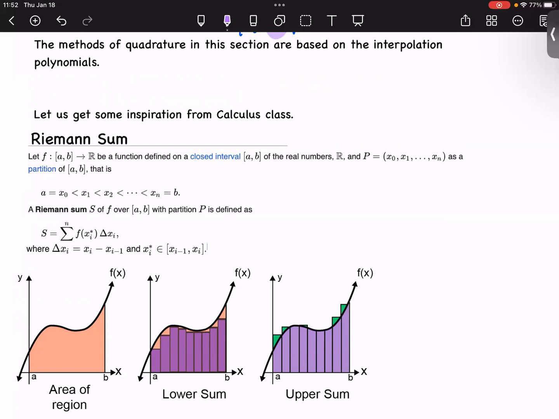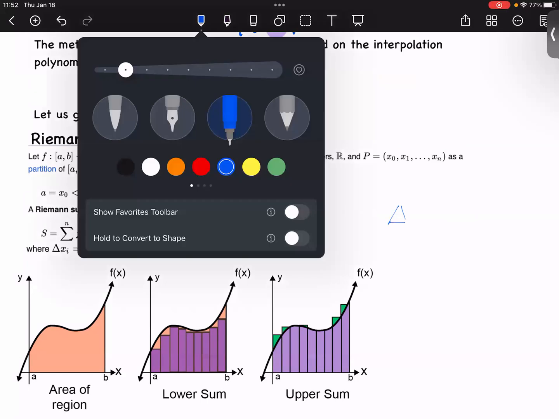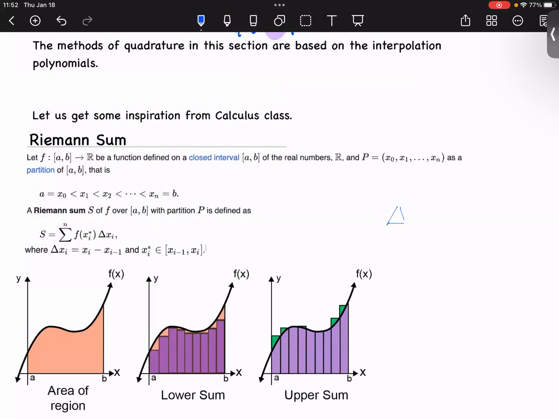The definition of the integral is this: take the maximum length of the subintervals, let it go to 0, and take the limit of the Riemann sum.